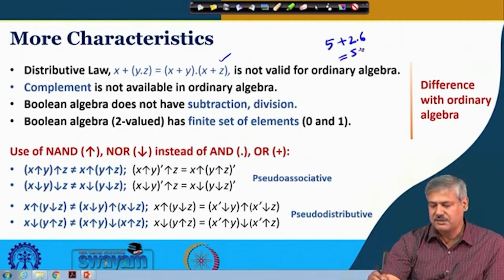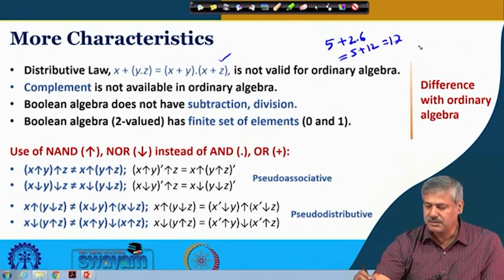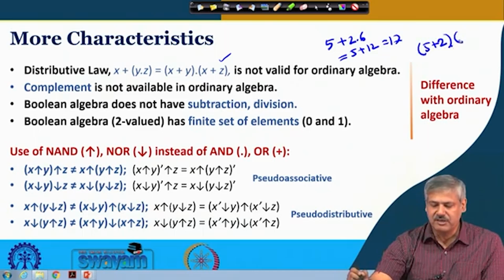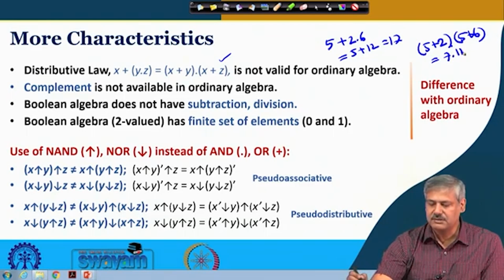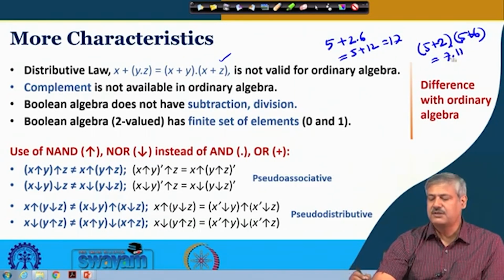5 plus 12 is equal to 17, and here if it is 5 plus 2 multiplied by 5 plus 6, you will get 7 into 11, that is 77.